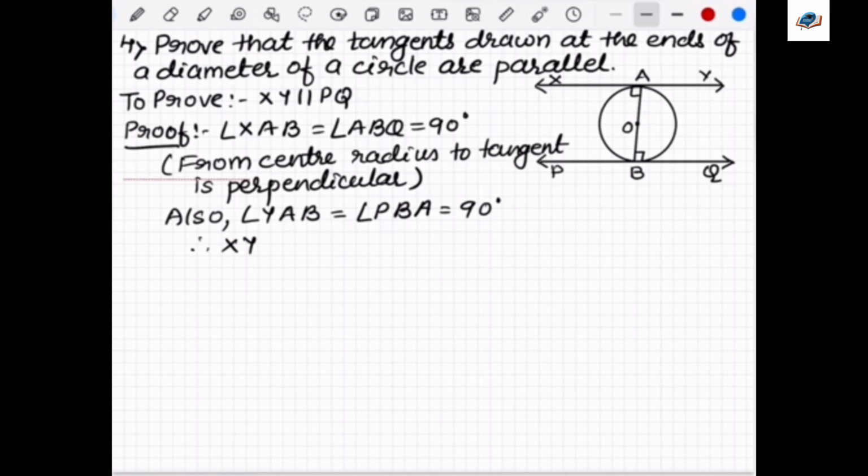Therefore I can say XY is parallel to PQ, as alternate interior angles are equal, thus the lines are parallel.